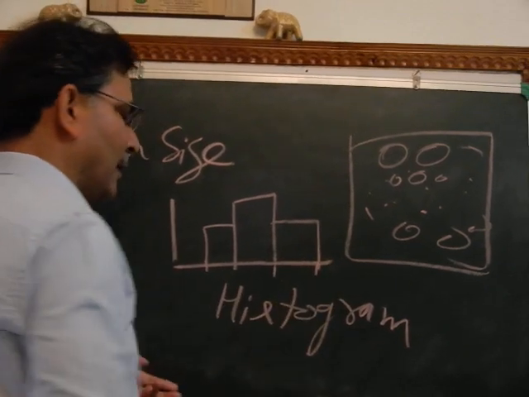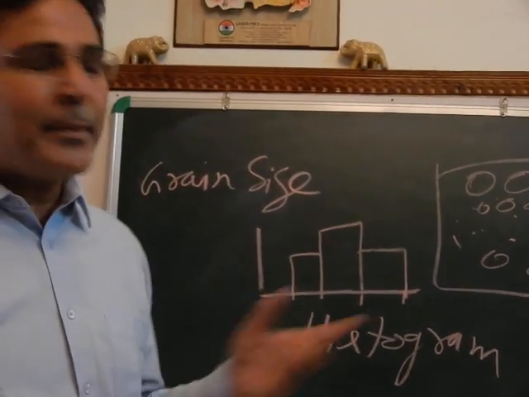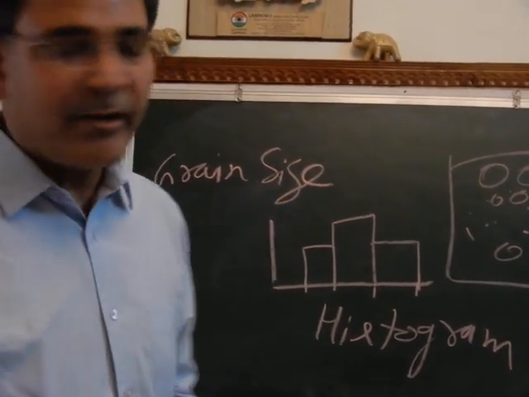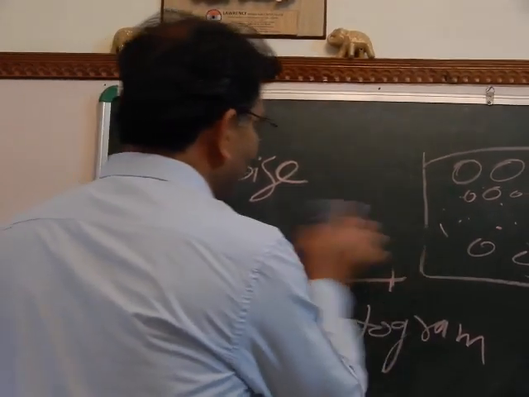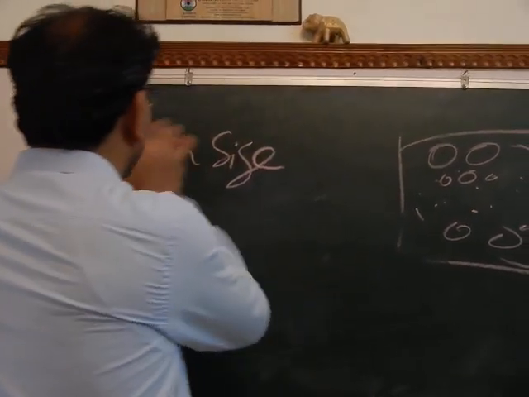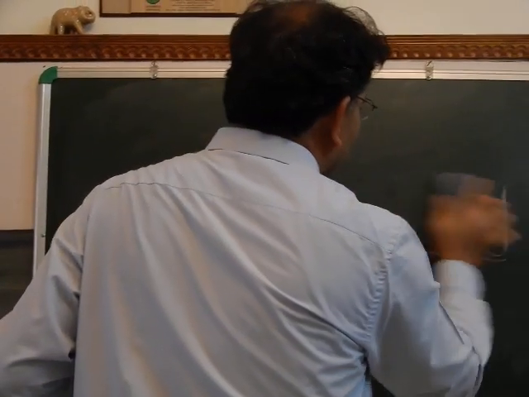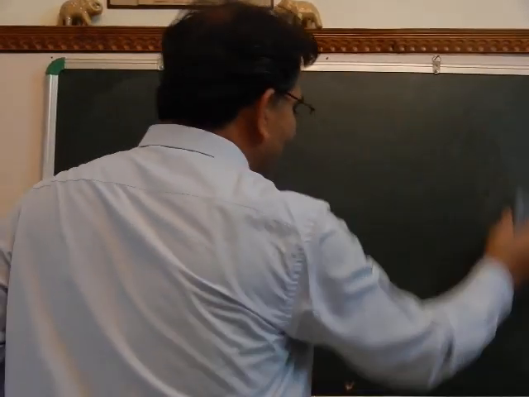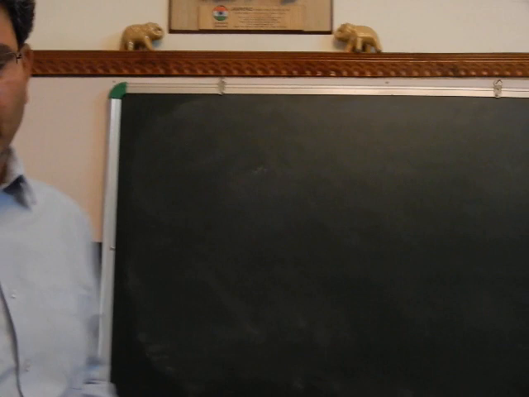This is known as a histogram. Then we represent it in a frequency curve. In the frequency curve again, the interval of the size of the sediments and their percentage in gram are represented, and then a graphic is prepared.